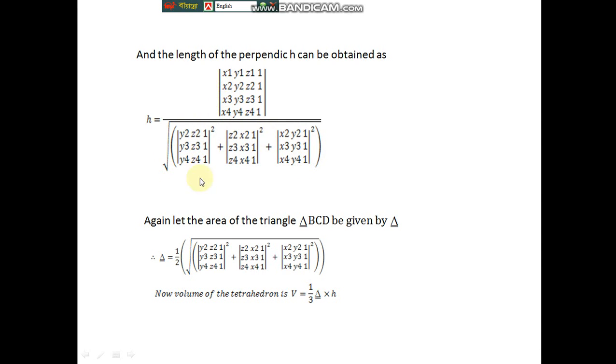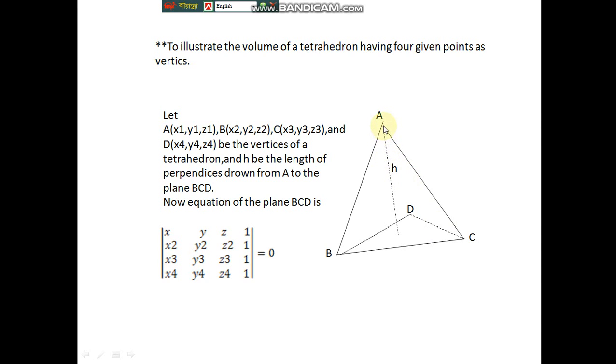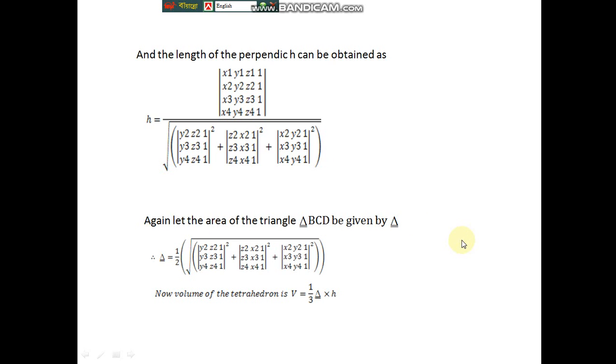And this is the formula of h, the length of the perpendicular from vertex A to the given plane BCD.